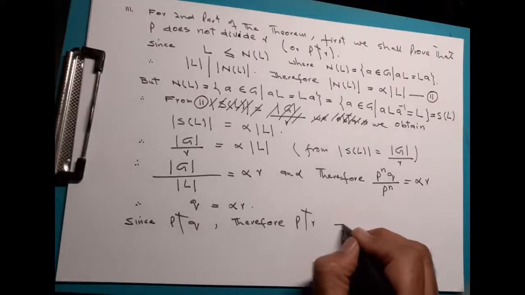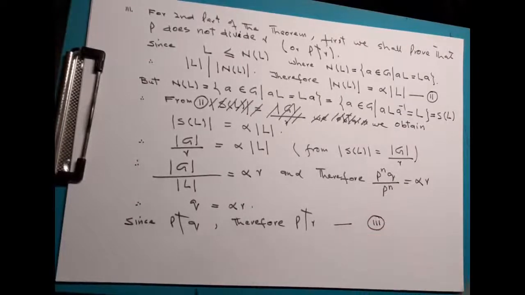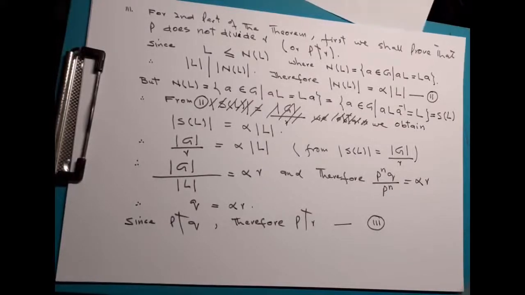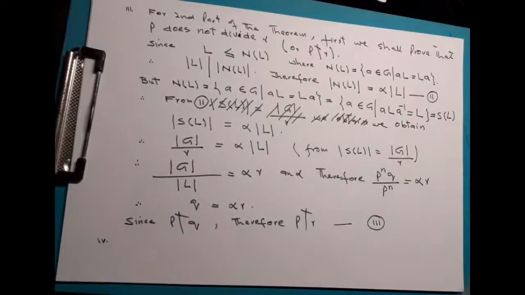So let's note it as number 3. So we have proved that P does not divide R. Having noted that, now we are going to consider another group action, and we are going to act L on A. So now consider the group action.